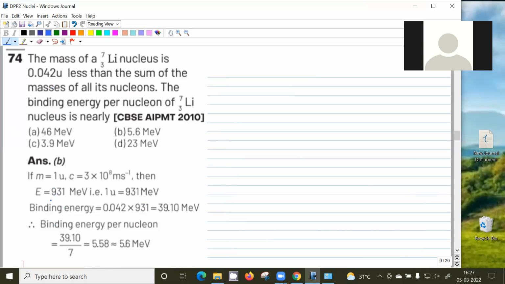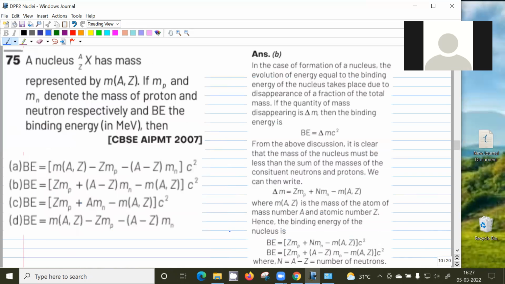So 1 AMU corresponds to 931. From that you can find what energy this delta M corresponds to. So this is the energy for all the nucleons. Per nucleon, the number of nucleons is 7, so divide by 7. Right. This one nucleus, where A is the mass number and Z is the atomic number. Yeah, this is a trivial question.